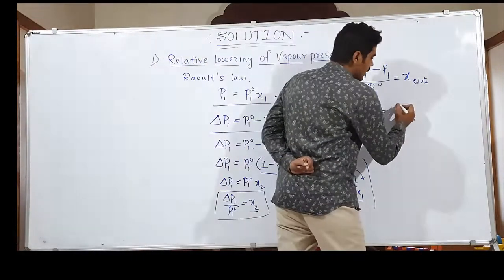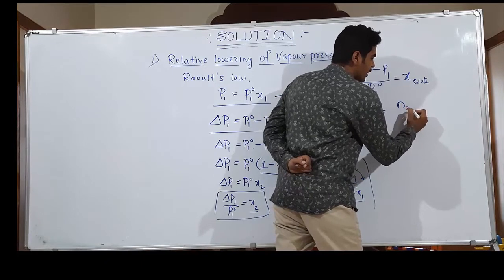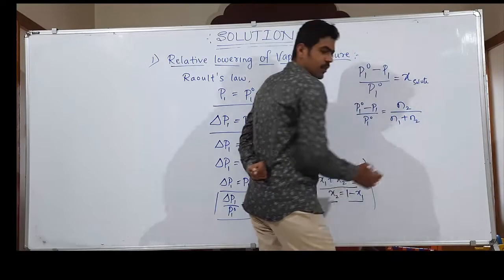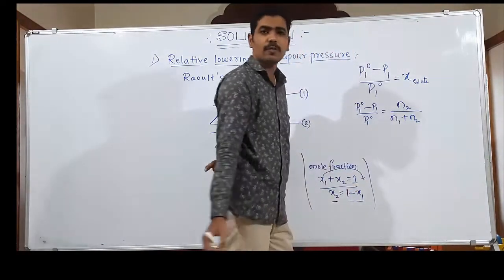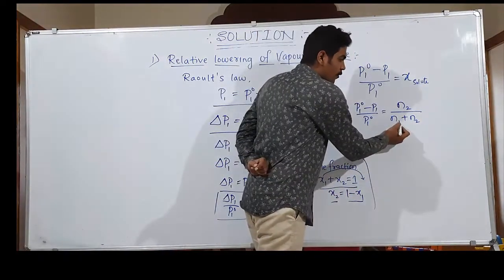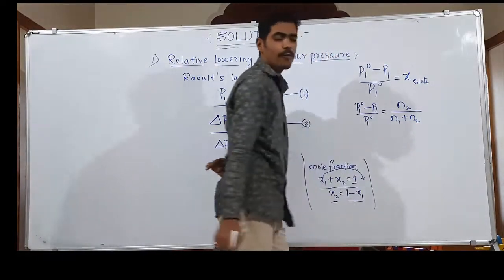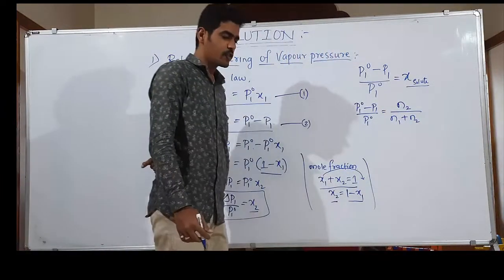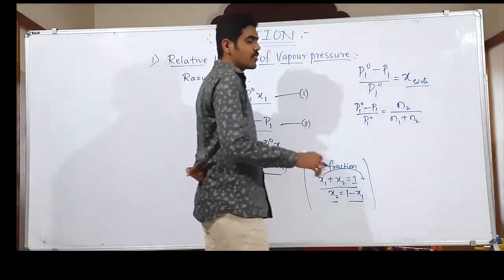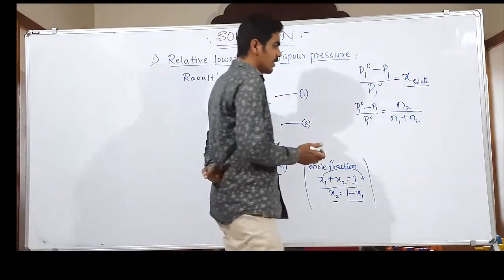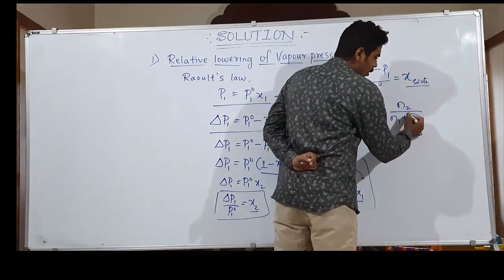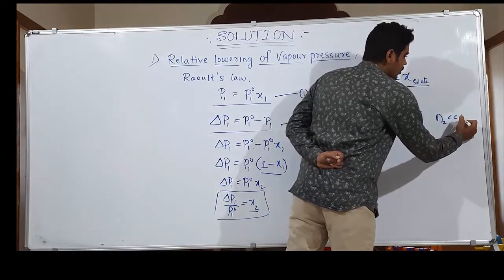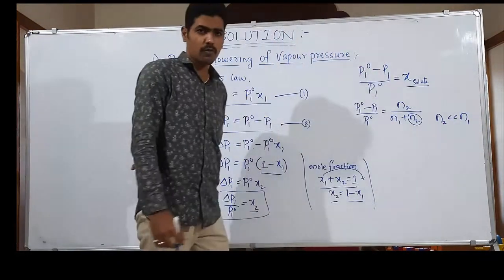How will you find the mole fraction X2? It is simply N2 divided by N1 plus N2. N2 means the number of moles of solute, divided by the number of moles of solvent plus the number of moles of solute. And if the solution is very dilute, then the number of moles of solute is very small compared to the number of moles of solvent.